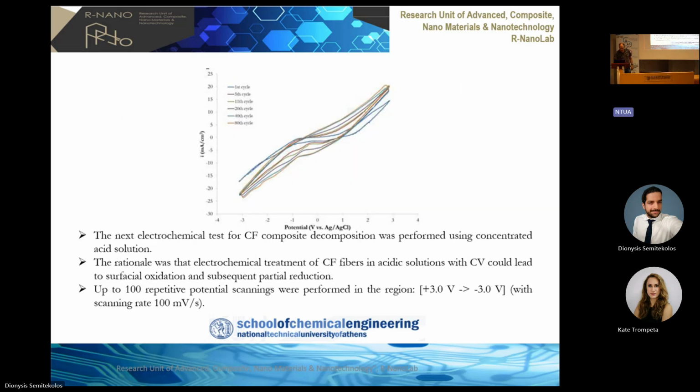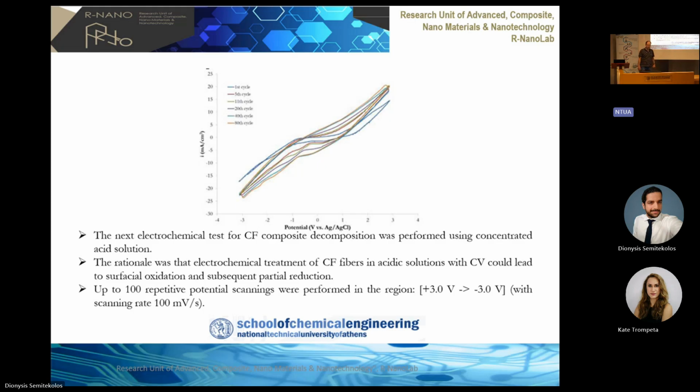Then we changed and went for acidic solutions, and you can see here we have a different and even better increase of the active current. The rationale for using an acidic solution is that in sulfuric acid solution the carbon fibers are oxidized, and we have a cycle of oxidation, partial reduction, partial oxidation, partial reduction.